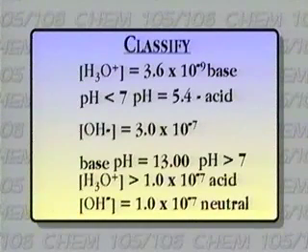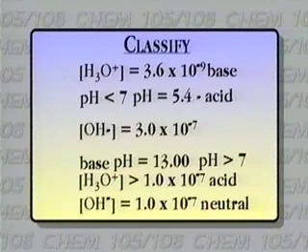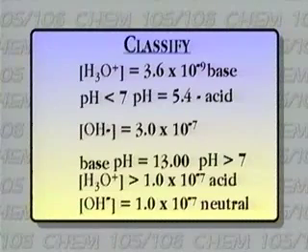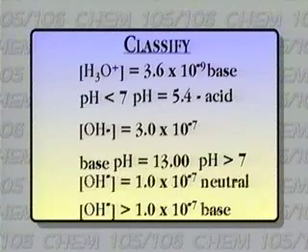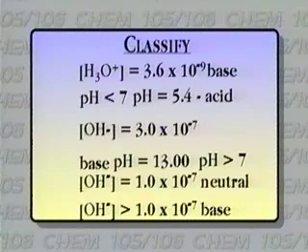If I add some hydroxide ion, then it means that it has become basic. And so we can really make a statement here that if the hydroxide ion concentration becomes greater than 1.0 times 10 to the minus 7, we are talking about a base.